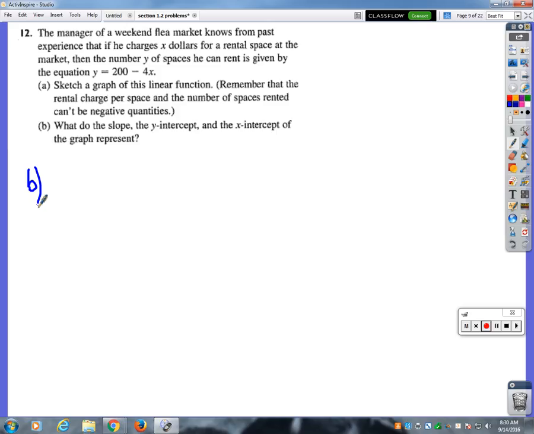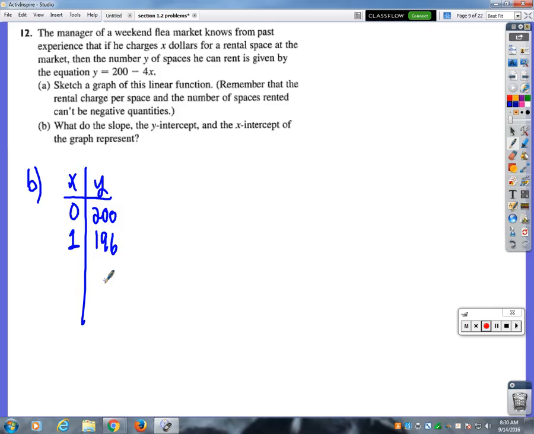If he says spaces are free, how many spaces will he rent? All of them. But if he charges $1 for the space, how many will he rent? 196. I was going to say 200. So there are 4 people who will say, nope, $1, I'm out.